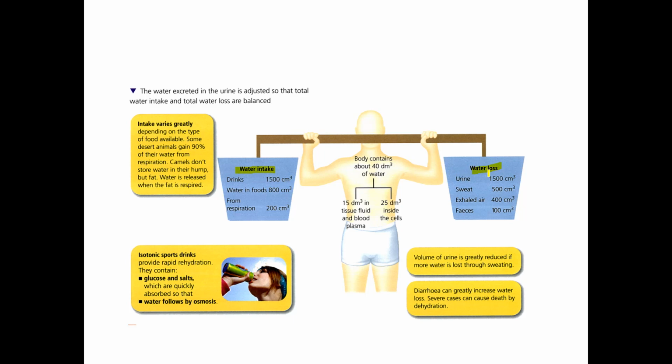On the other side, here we have water loss. You will lose water through urine, sweat, exhaled air, and feces. If you add all of this, you will see it's 2,500 cubic centimeters, and here it's also 2,500 cubic centimeters.